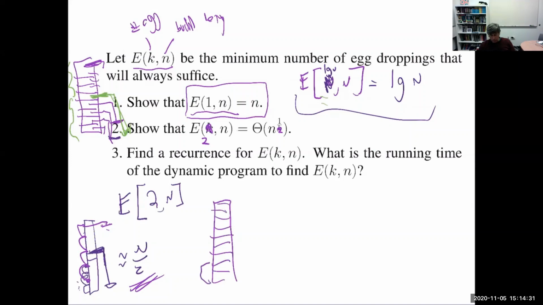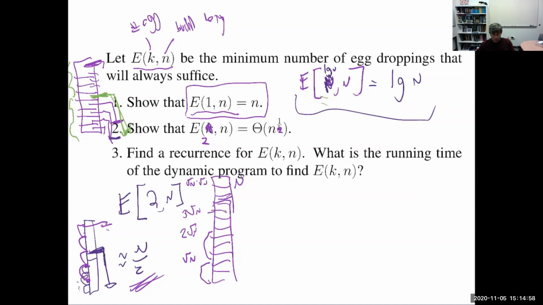So I first go up to the square root nth floor. Then I go up to the 2 square root nth floor. Excuse me. 3 square root nth floor. Ultimately, the building has n floors. The last floor is the square root n times square root nth floor, because square root n times square root n is n.